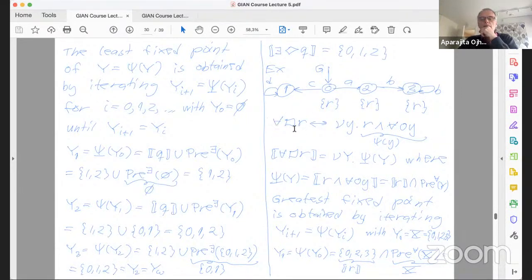That's the meaning of this. And now we replace, compared to the existence of eventually Q as we had before, the diamond by square, and that means that we're now looking for the greatest fixed point instead of the least fixed point. That's the difference between eventually and always.